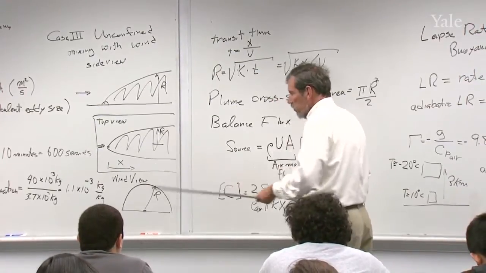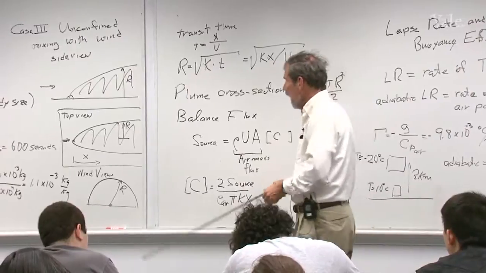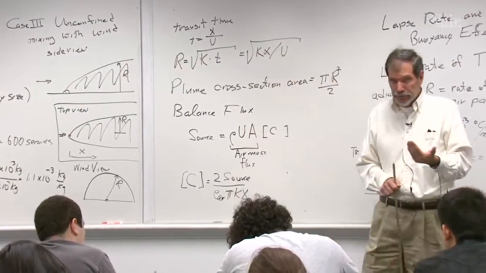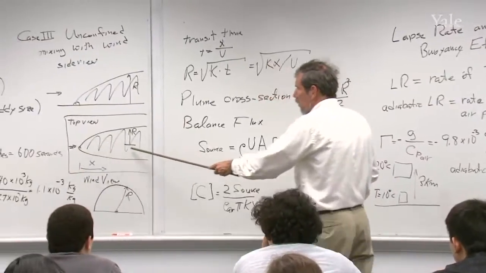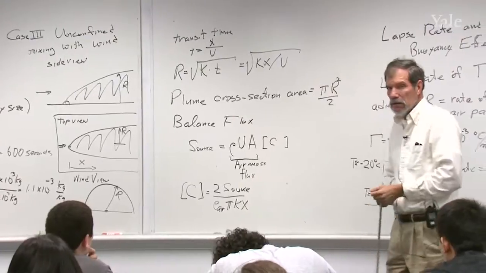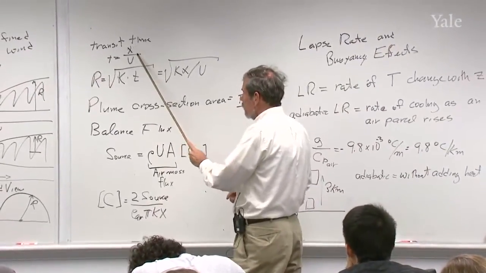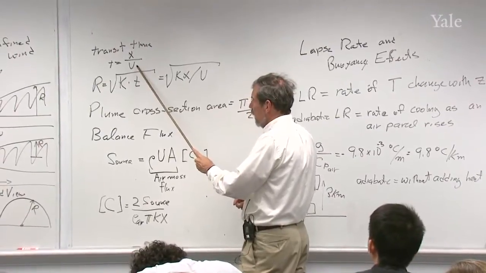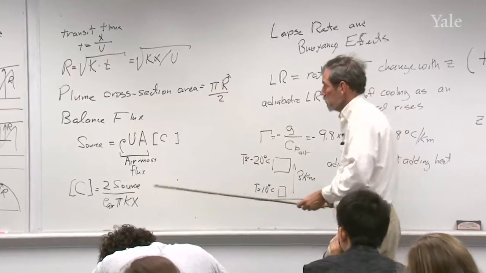Maybe your house is 5 kilometers downwind of the power plant. Well, then x is going to be 5 kilometers. And the time it takes the air to get from the power plant to your house is going to be x divided by the wind speed. Wind speed is capital U in this case. Notice that'll have the right units. Distance over distance per time, that's going to work out to have units of time.